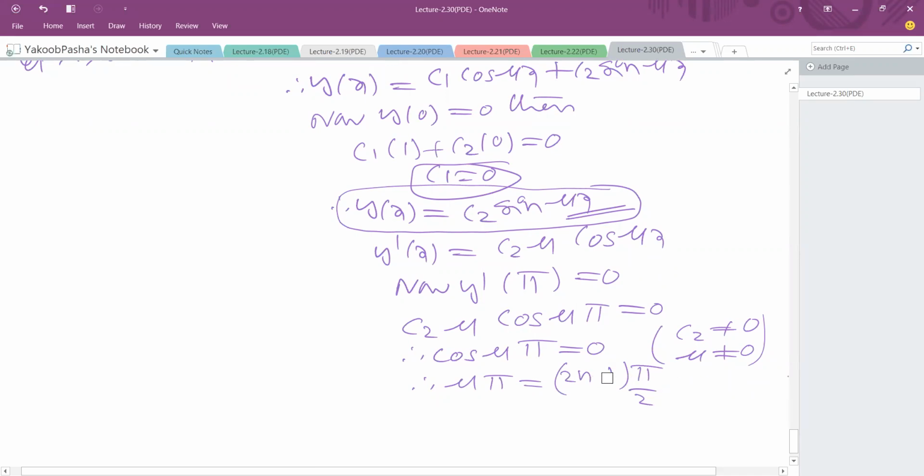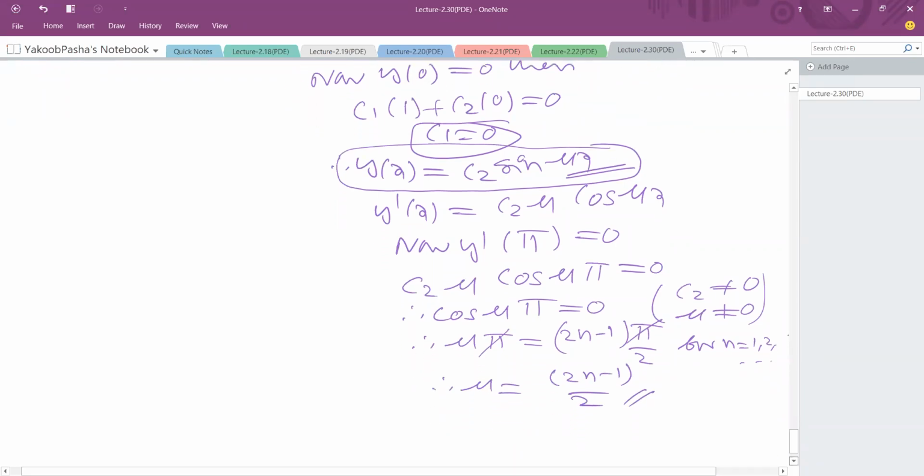Taking n equal to 1, we get pi by 2, and cos pi by 2 is 0, for n equal to 1, 2, etc. Now pi will be cancelled and mu is equal to 2n minus 1 by 2. This is the mu value.